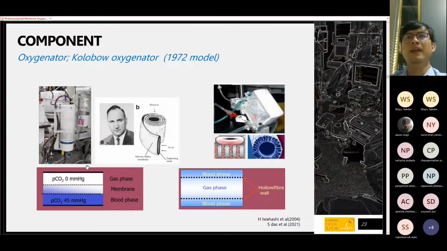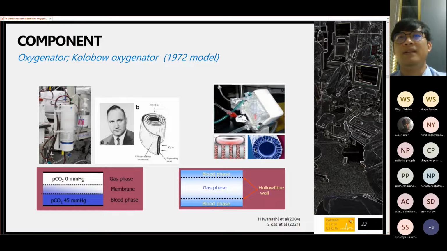So the modern ECMO oxygenator has moved this design out of the market, but I have an example in our department. The new design is similar to the oxygenator that we use in the CPB.